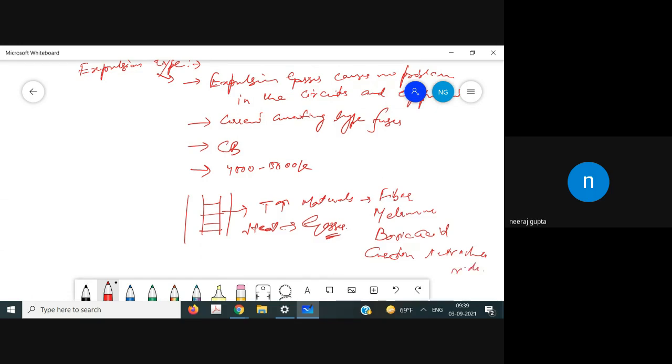So these are the materials which produce the gases.